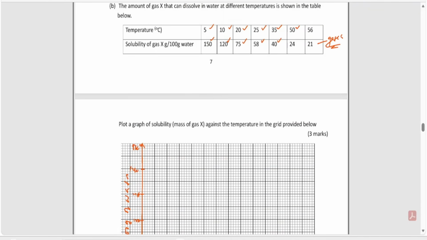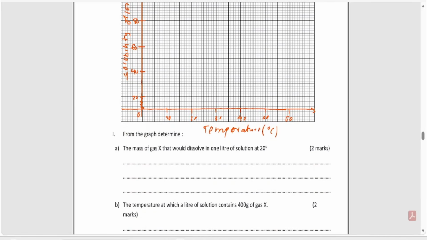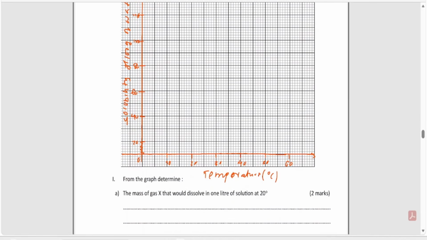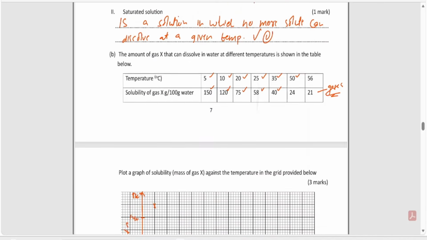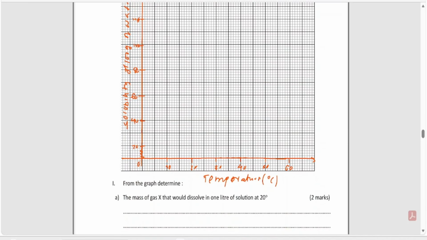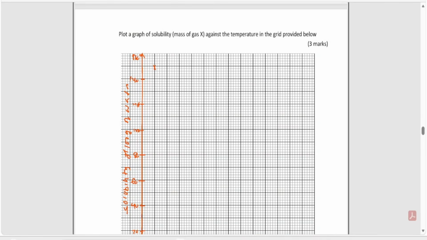Our first point is 5, 150. So 5 at the middle, then 150. At that point, then we have 10, 120.